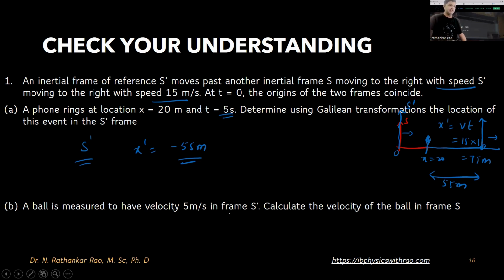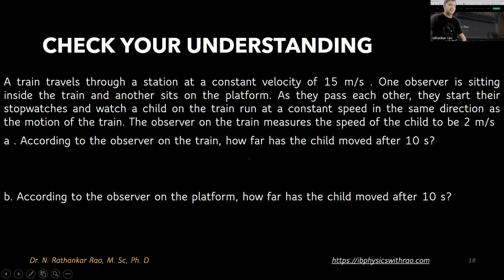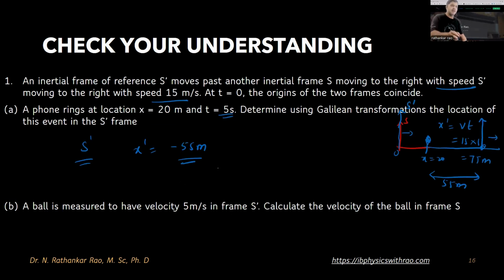Then the next question. A ball is measured to have a velocity of 5 meters per second in the frame S dash. Calculate the velocity of the ball in the frame S. Let us say in this moving frame there is a ball whose velocity is 5 meters per second. What is the velocity of the ball in the frame S? Now what should I do?